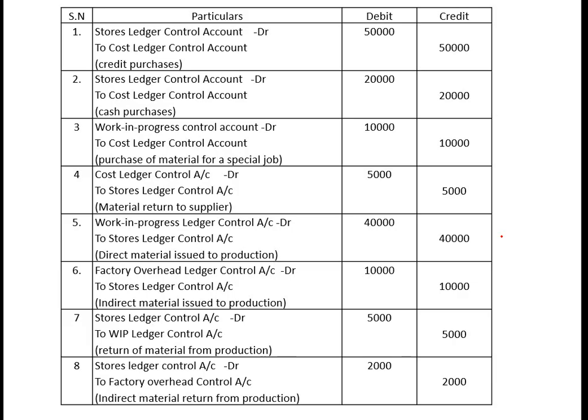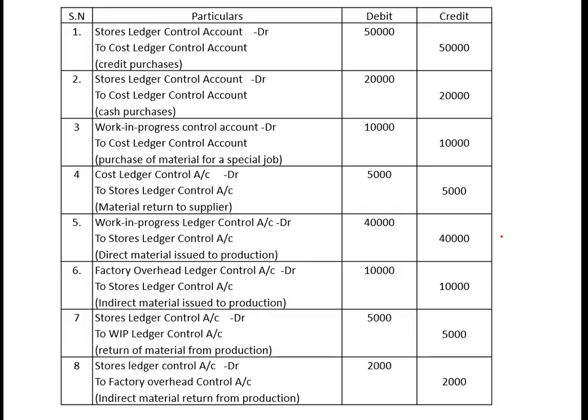issue of direct material to production. Now this is issue, not the purchase. So it means to say material is issued from the stores. So that's why entry will be work in progress ledger control account debit to store ledger control account. Though the question is mentioning that the material is direct one, that's why it will be debited to work in progress.